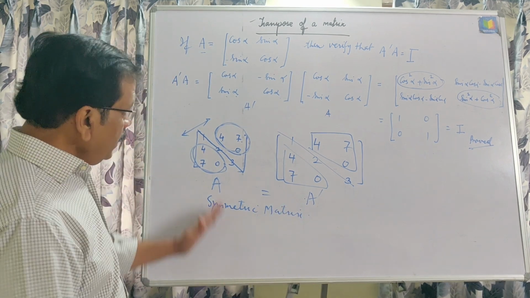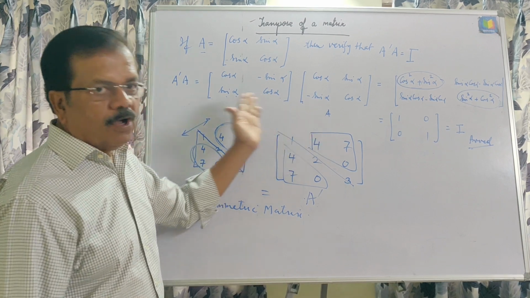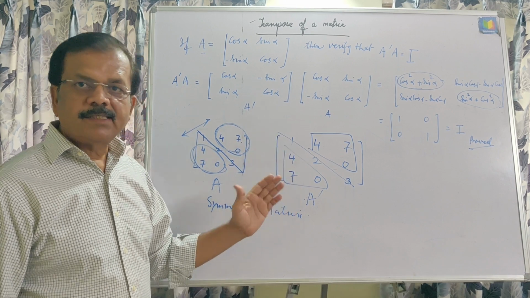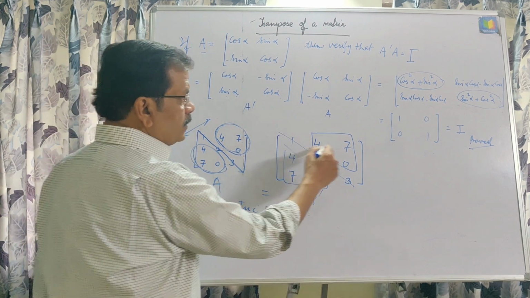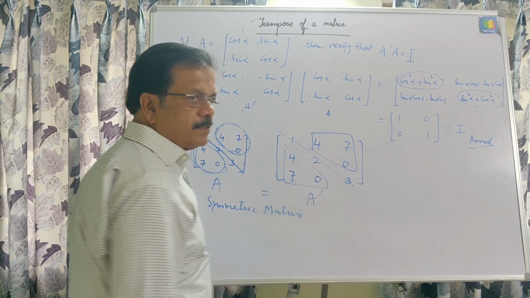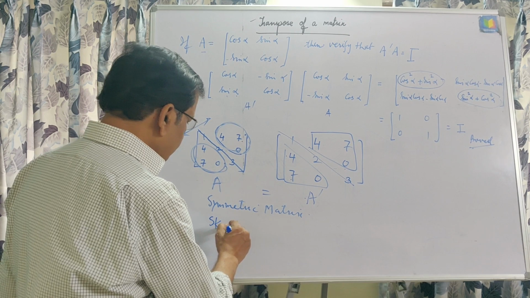Okay, but if the elements on both sides of the principal diagonal are the same but with reverse sign, that is, this is 4, 7, 0 and this is minus 4, minus 7 and 0, then we can say that is a skew symmetric matrix.